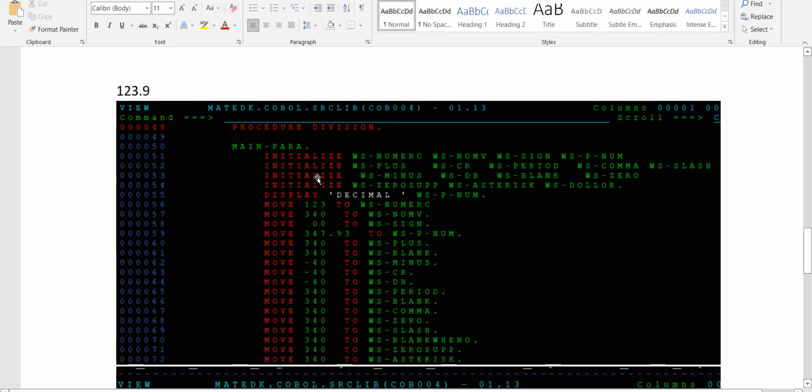This is recommended. We will first initialize and then use them in the program. Initialize means we are moving some value before using it. So here move 123, I have given, move 340 to this assumed decimal.